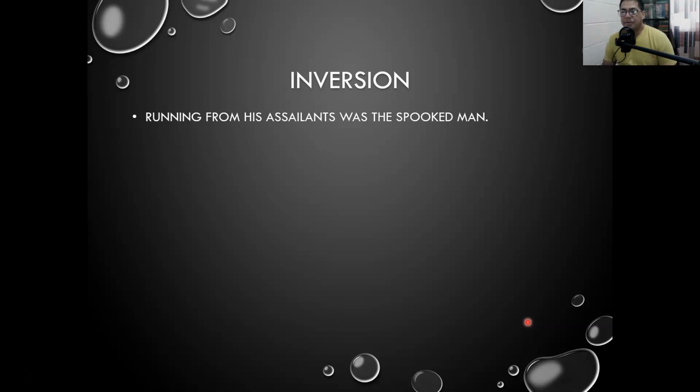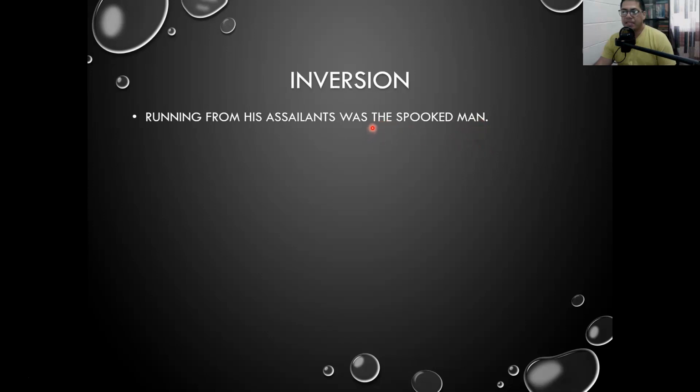Check this example. Running from his assailants was the spooked man. I have switched the elements from their original positions, right? And I have moved the subject, which is the spooked man, to what we consider the predicate.